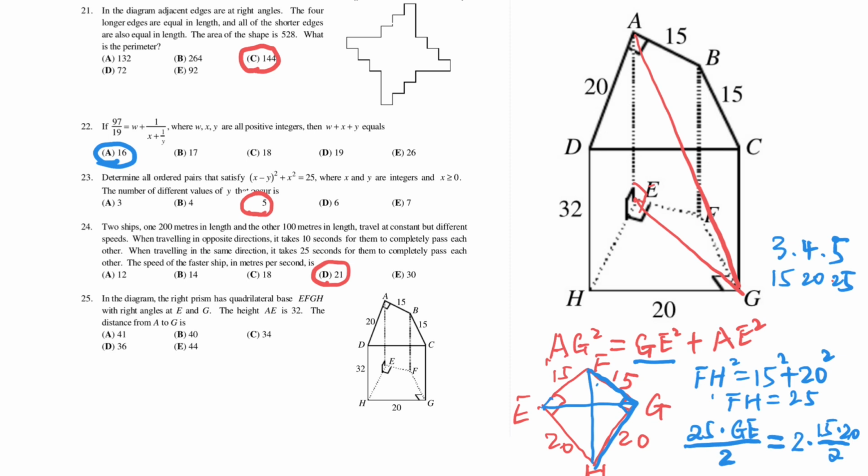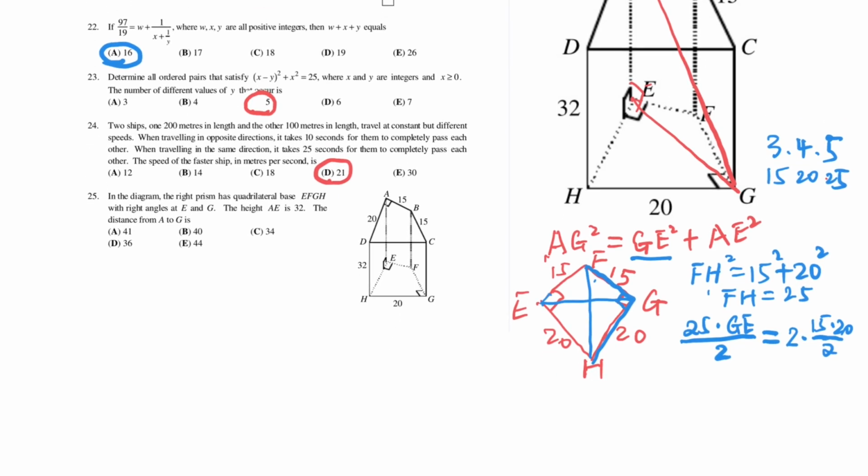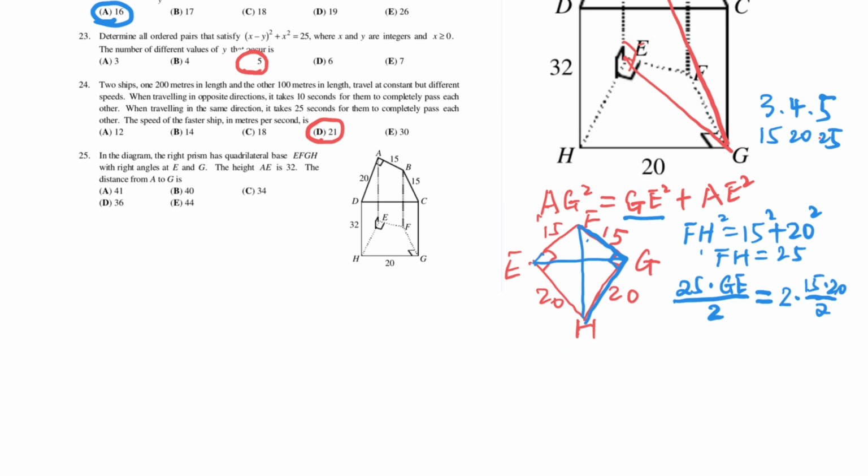Now solve this problem. 25 times GE over 2 equals 300, and 25 times GE equals 600.